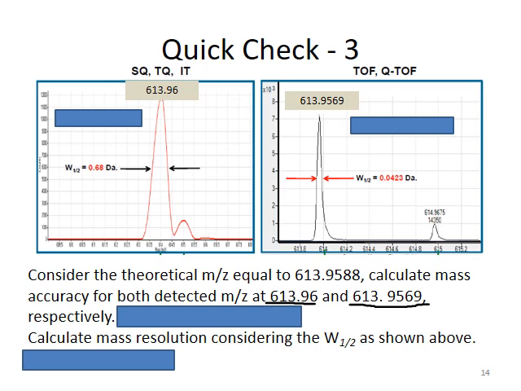I'll give you a few minutes to complete your exercise, then I will show you the correct answer. At the same time, you can also calculate mass resolution considering the peak width as shown above, 0.68 Dalton. On your right, that is 0.0423 Dalton.